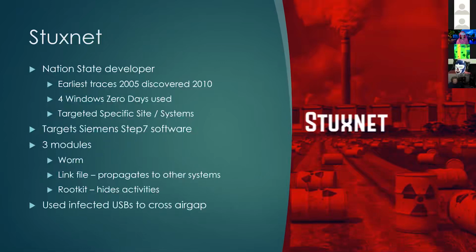Using the link file, it would hide itself with a rootkit, and then it would drop its packages in order to disguise what was going on with the variable frequency drives, and then cause the variable frequency drives to spin up the centrifuges until they destroyed themselves. And it was pretty nifty for the time. As far as I know, it's the first recorded instance of weaponizing malware to cause physical damage.